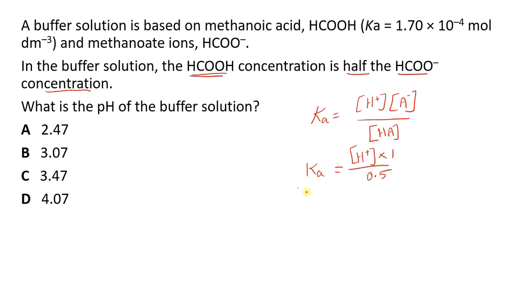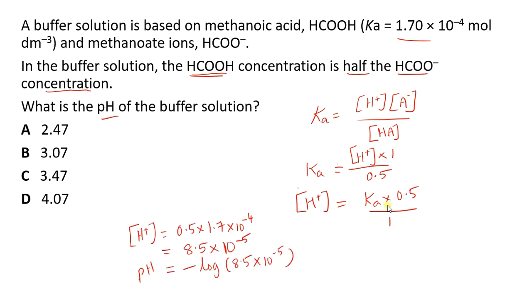Then we need the H plus ion concentration for the pH, right? So we multiply Ka times 0.5 divided by 1, and that should give us half the Ka. You have the Ka value here, so you just put that in.